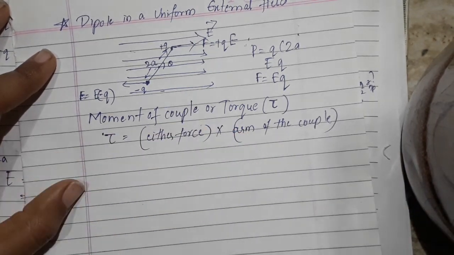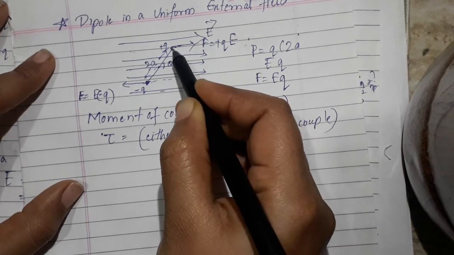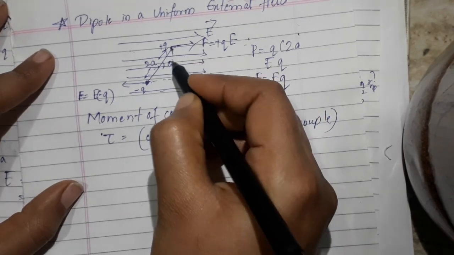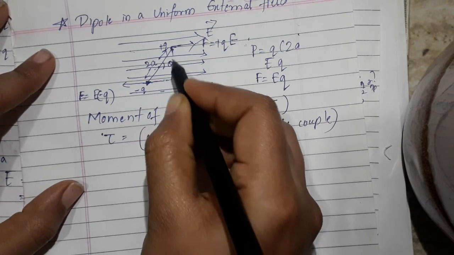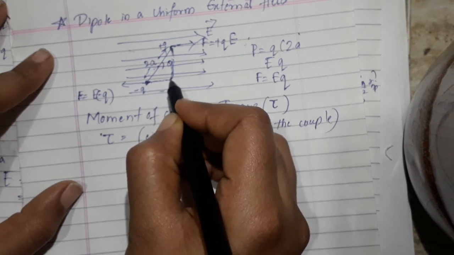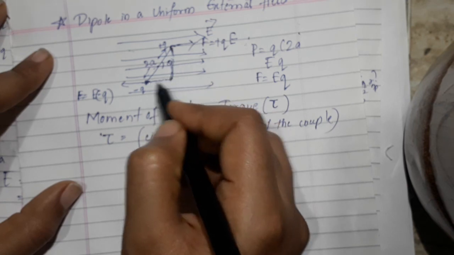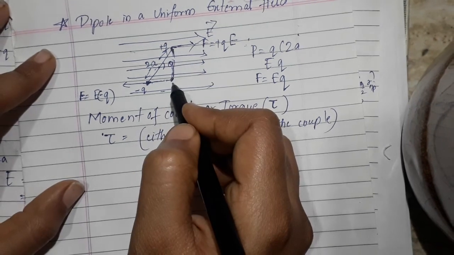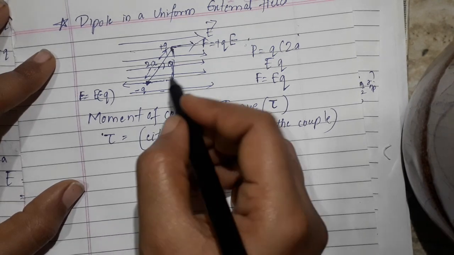There are two arms, these are the two arms of the plus Q and minus Q charges, and one of the two forces.